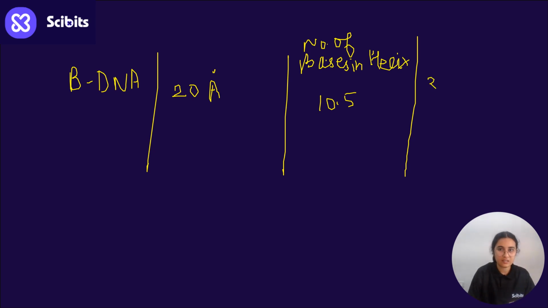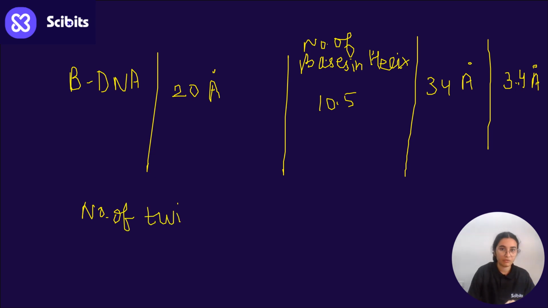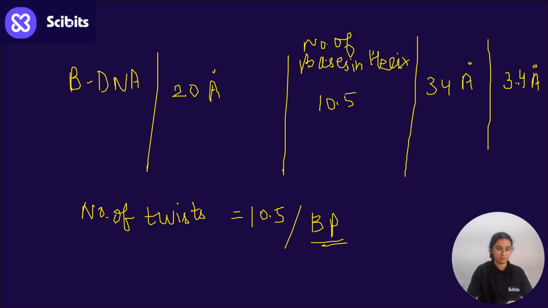The helix pitch is 34 Angstrom, and the distance between two bases is 3.4 Angstrom. The twist is 10.5 bases per turn.